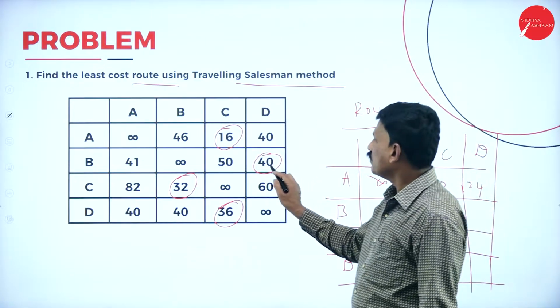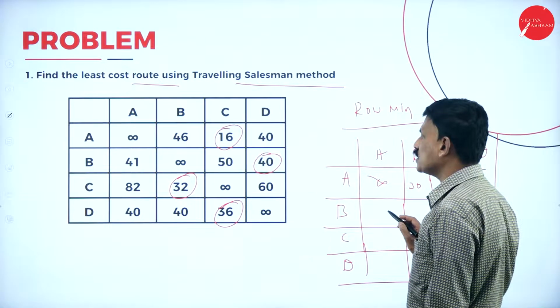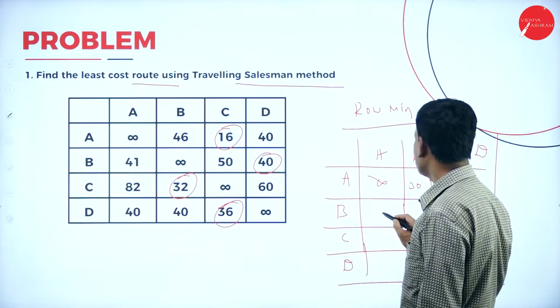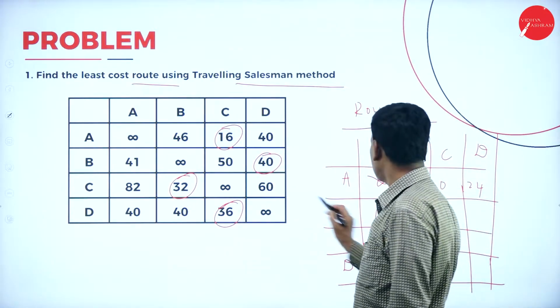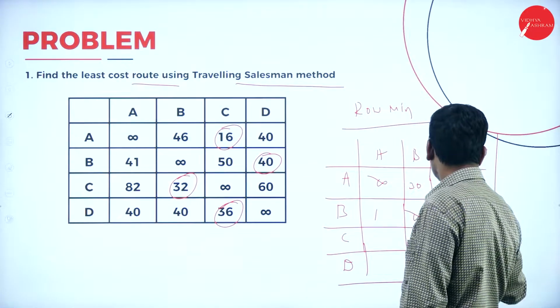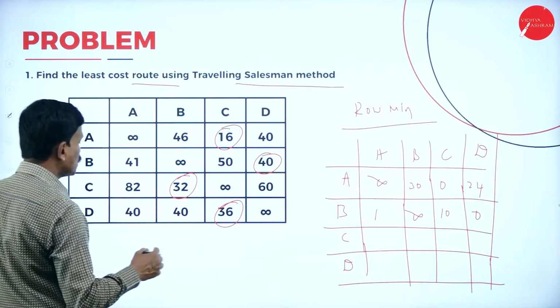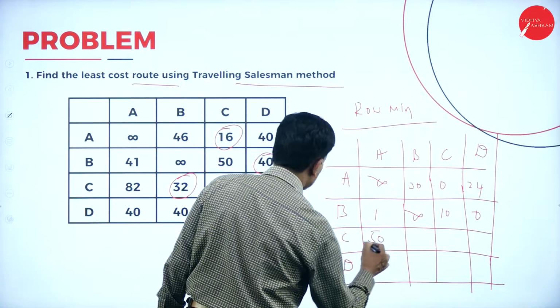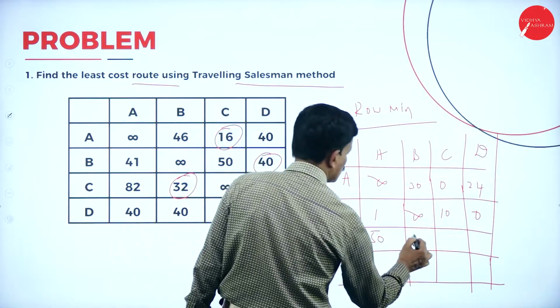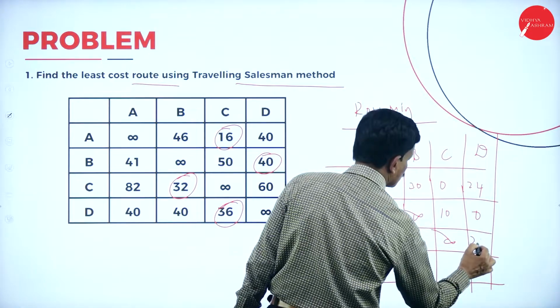Next, the minimum value is 40, 41 minus 40 is 1, here I will write 1, then infinite as it is, 50 minus 40 is 10, 40 minus 40 is 0. Here the minimum value is 32, 82 minus 32 is 50, 32 minus 32 is 0, this is infinite, and 60 minus 32 is 28.